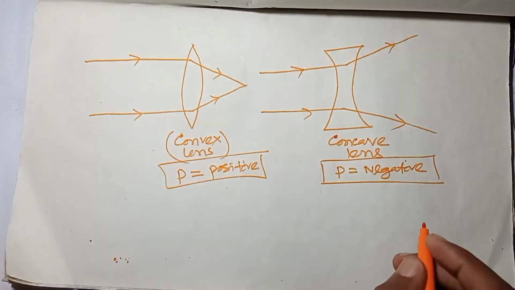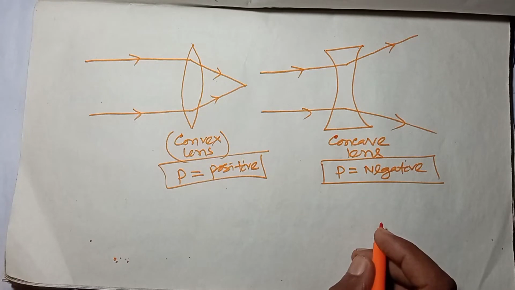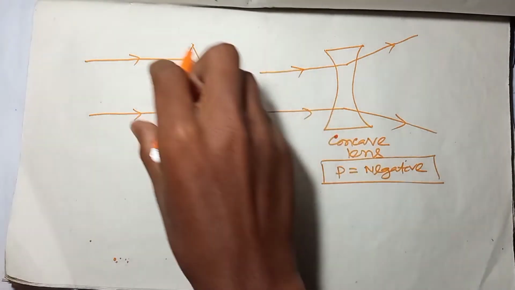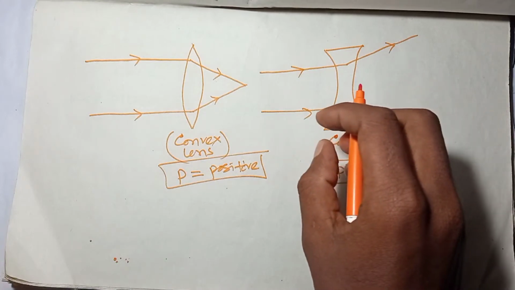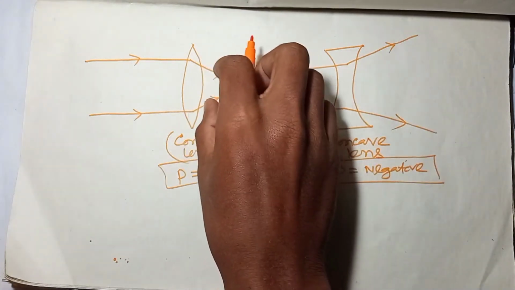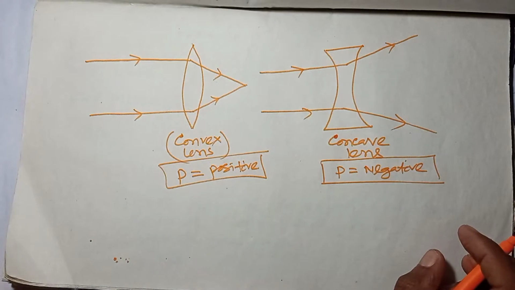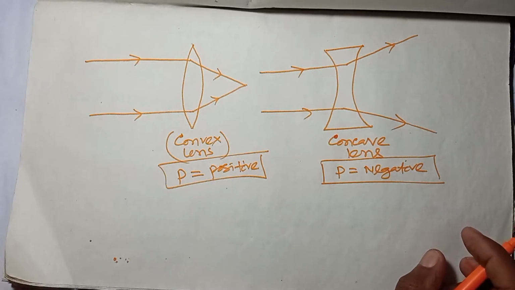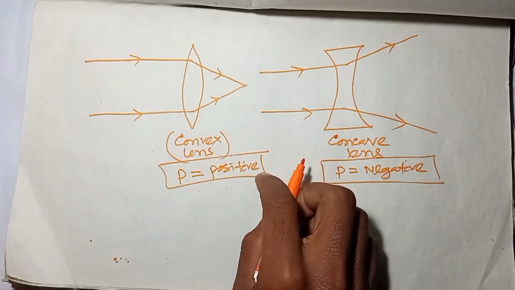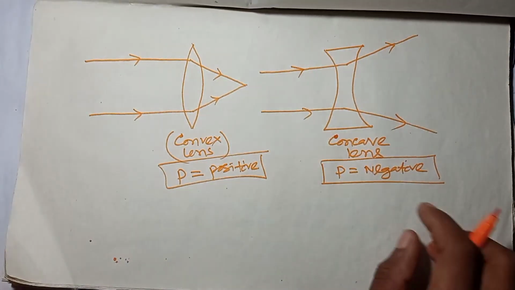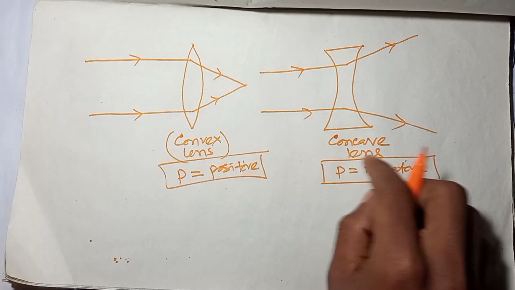So we have to focus on whether the optical instrument converges or diverges the incoming parallel rays. If it converges, then its power will be positive; if it diverges them, then its power will be negative.